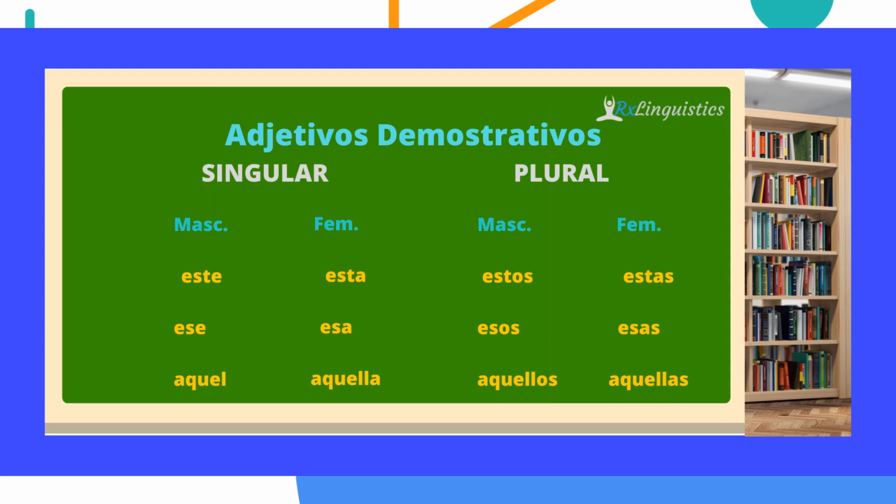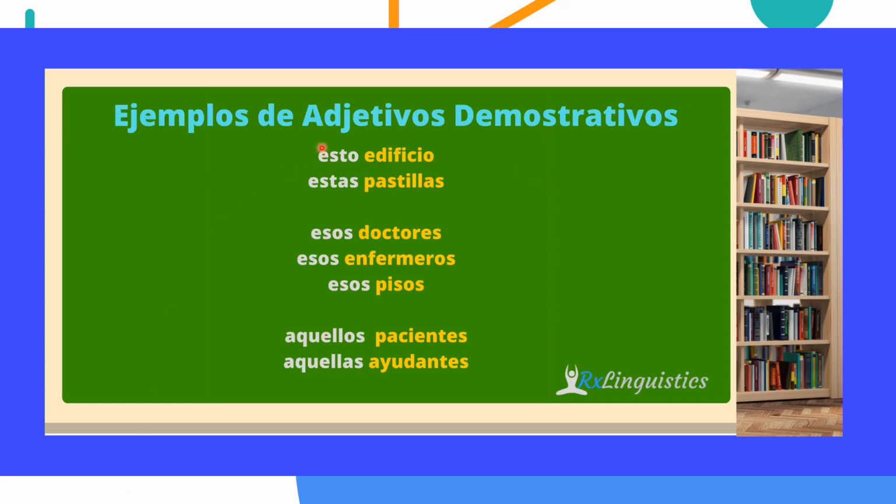So now let's look at a few examples here. Ejemplos de adjetivos demostrativos. Okay. Este edificio. Edificio is a cognate, which means by looking at the word, you can guess its meaning in English.